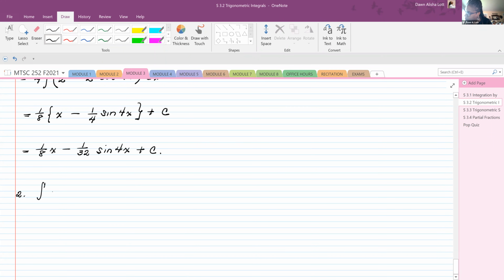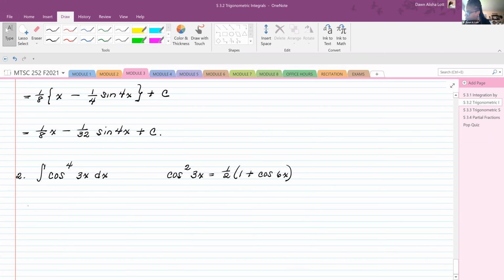The integral of cosine to the 4th of 3x dx. Okay, cosine squared of 3x is 1/2 times 1 plus the cosine of 6x.